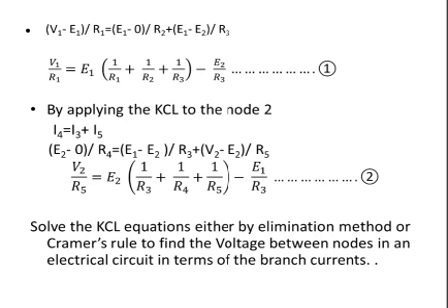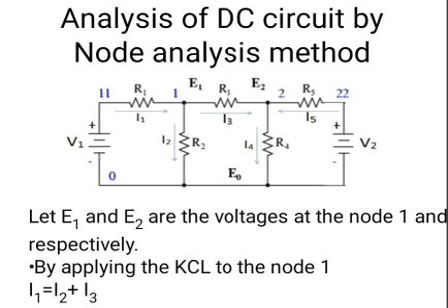I1 equals V1 minus E1 divided by R1. I2 equals E1 minus E0, E0 equals 0 volt, so E1 divided by R2.